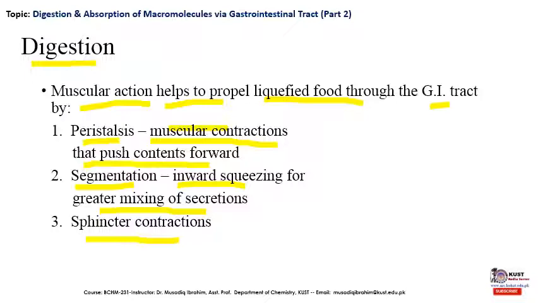So at every stage we have specialized muscular structures known as sphincters, and they contract and relax, by means of which the amount of chyme, or liquefied or semi-liquid food, is regulated to enter the different parts of the digestive system.